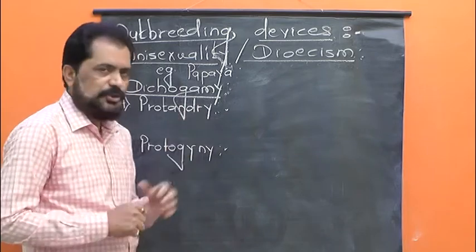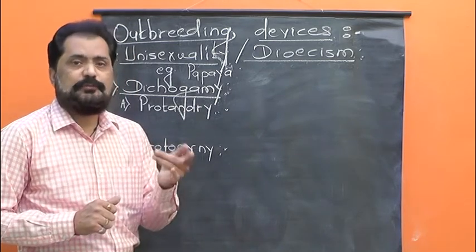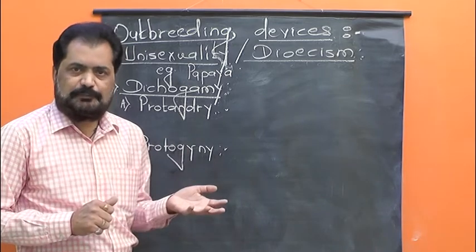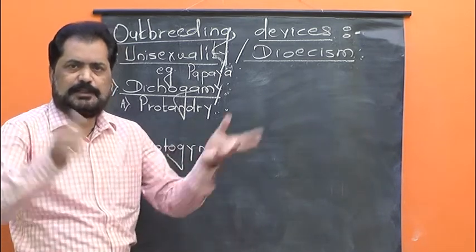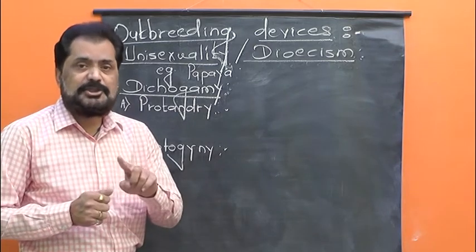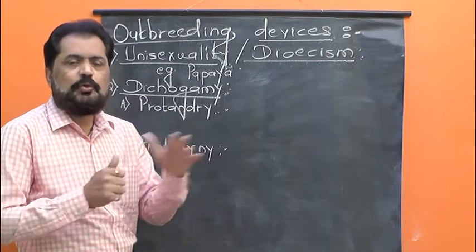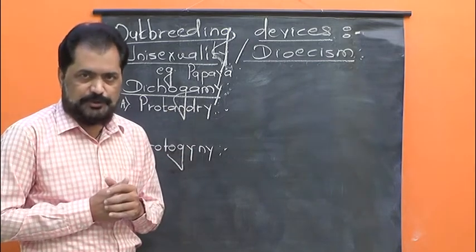Androecium stamens mature first. Pollen grains are produced in the anther, those pollen grains are released out, but at that time gynoecium is not matured. That's why there is no chance of self pollination.